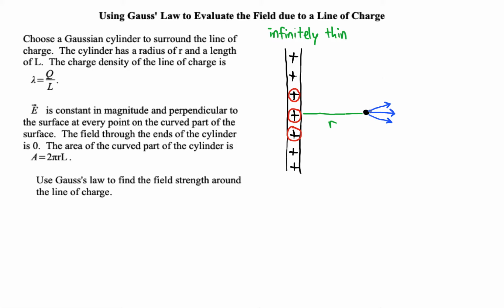And this would just keep on going for every little piece of charge in the wire. Hopefully it's clear that the vertical components of this will cancel, and there will remain just one net field that points to the right, that points outward from the wire. And I'll call that E, due to the wire.